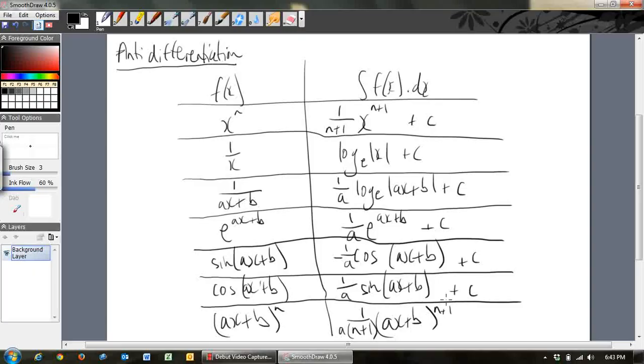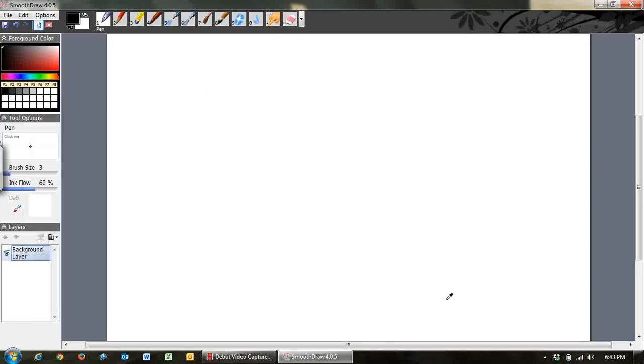So there's your list of rules. I would have this always handy when doing anti-differentiation, because you'll always need to be aware of those until you get used to them.